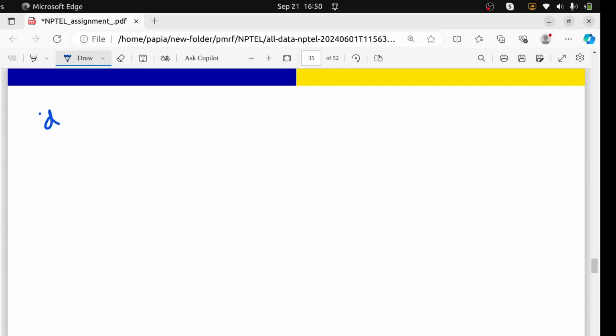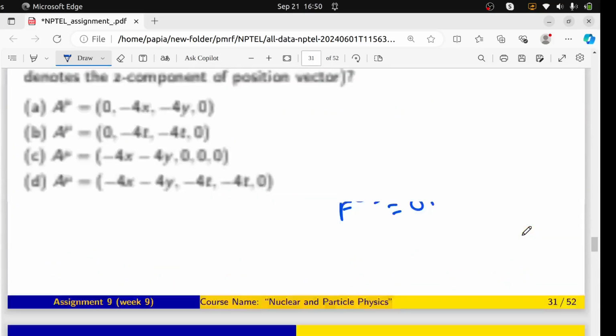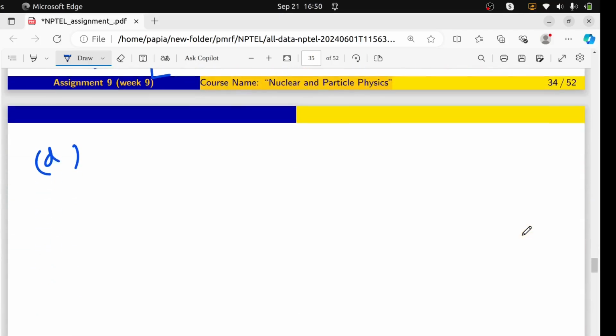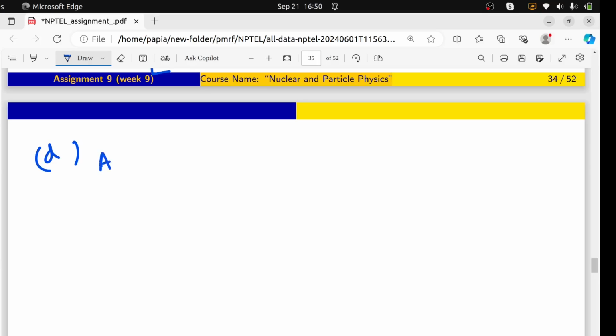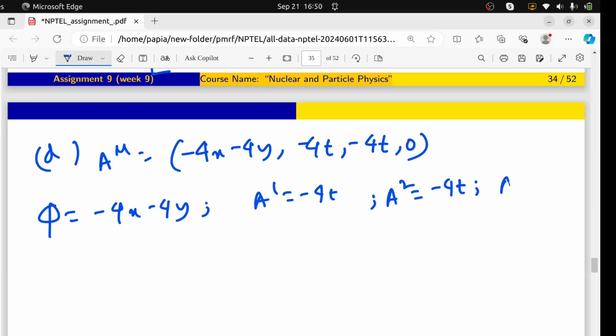Okay. Now coming to option number D. For option number D, it was minus 4x, minus 4y, minus 40, 40, 0. So for this case, phi is minus 4x minus 4y, a1 is minus 40, a2 is minus 40, a3 is equal to 0. Right?